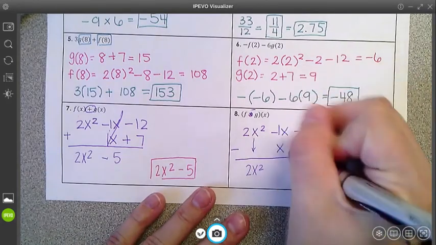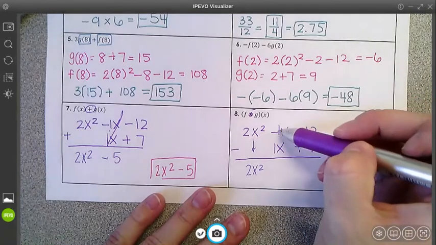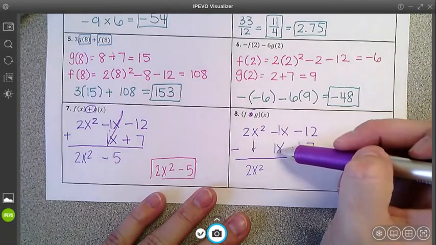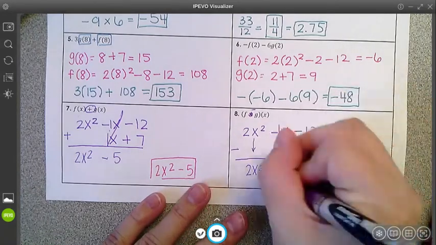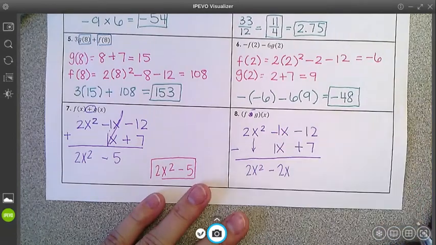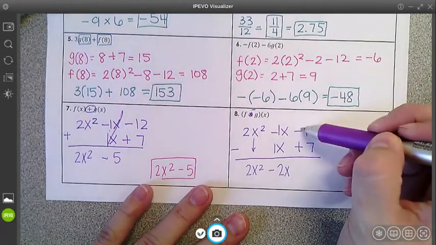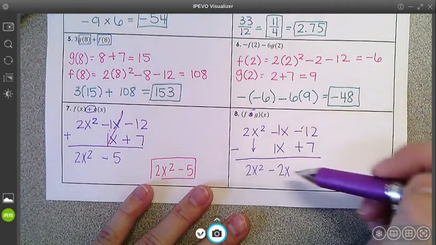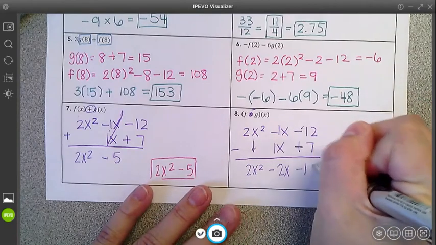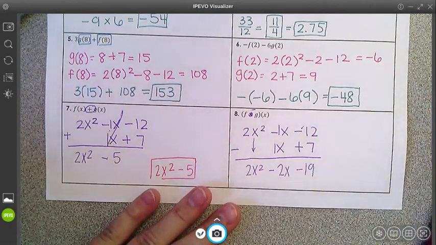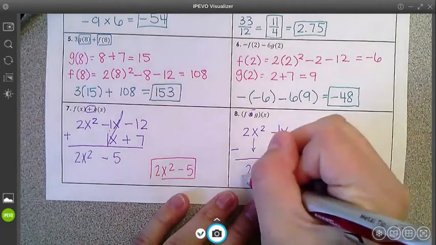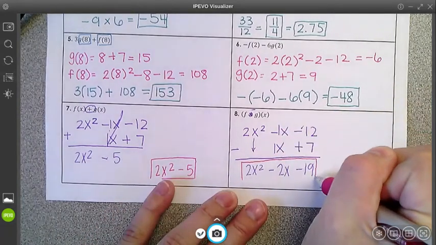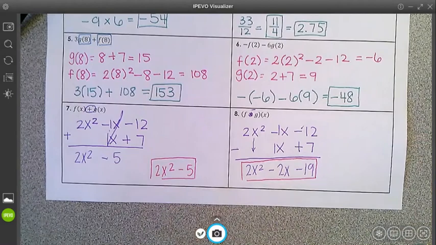This is negative 1 and 1. So negative 1 minus 1 is negative 2x. And negative 12 minus 7 is negative 19. So the final answer is 2x squared minus 2x minus 19.